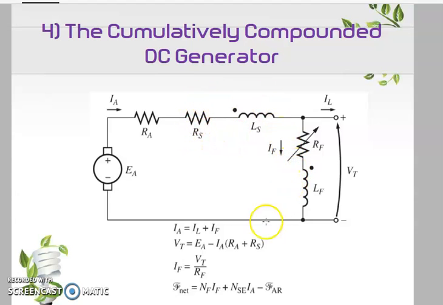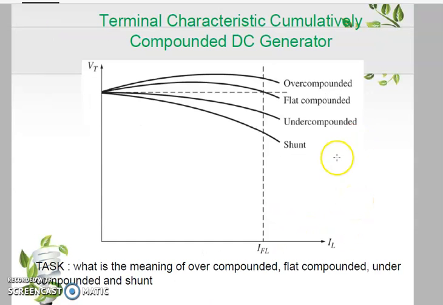From the circuit, you are able to derive the equation. This is the net flux of your circuit, meaning the arrangement of your circuit here determines the net flux. We will understand that further in our example question later.